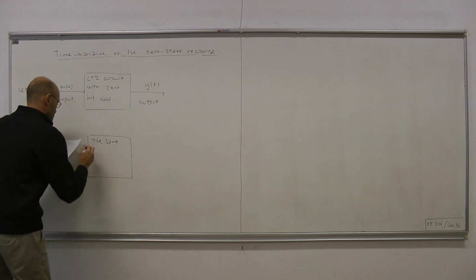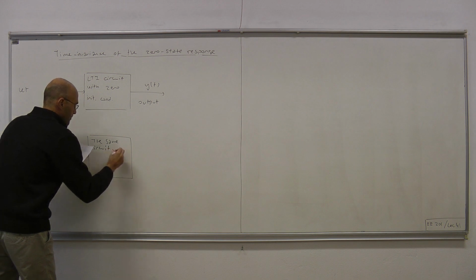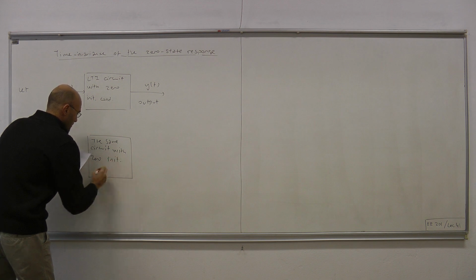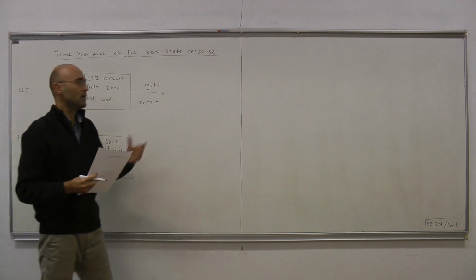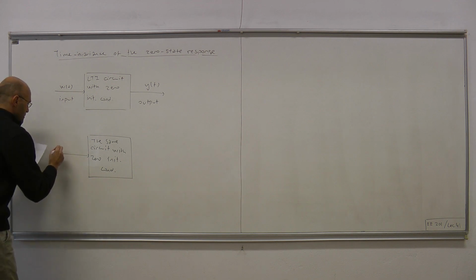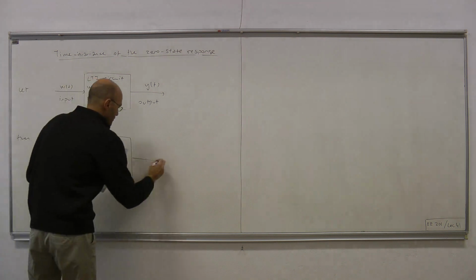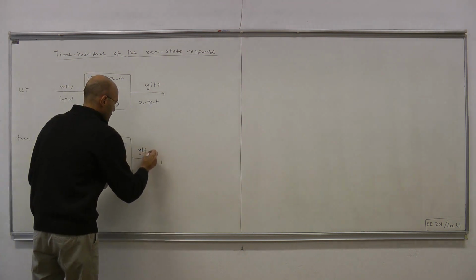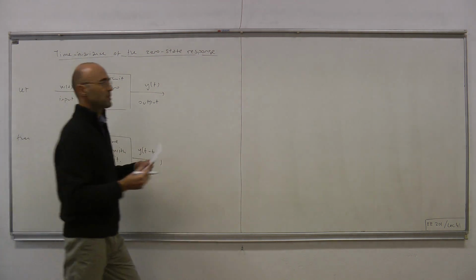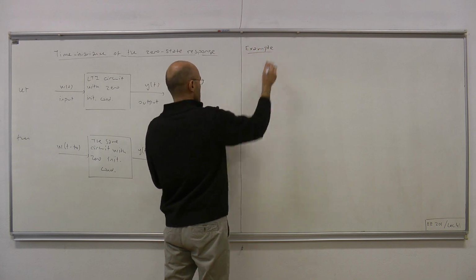Same circuit with zero initial conditions, then you get the same output. So what that means is w of t minus t0 produces y of t minus t0. Let's try to visualize what that says on a simple example.